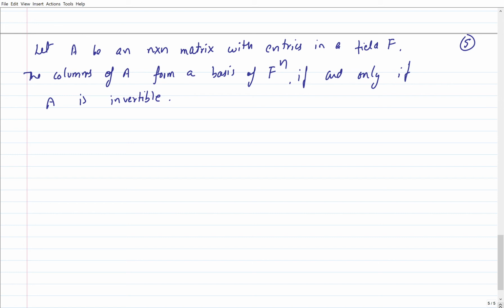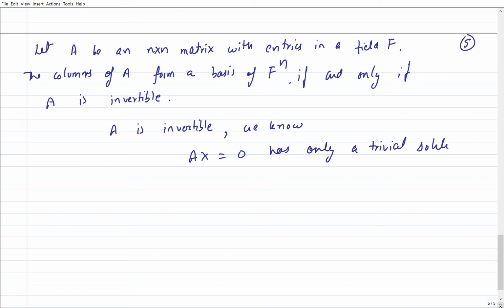Well, it's easy to show that. I mean, if A is invertible, we know Ax equals 0 has only a trivial solution. Remember, we did this last time.